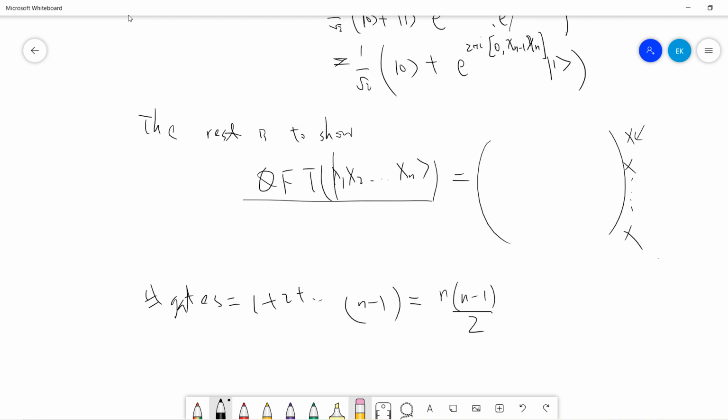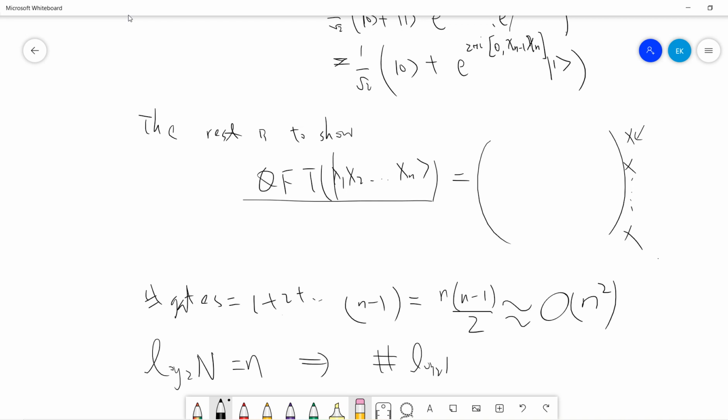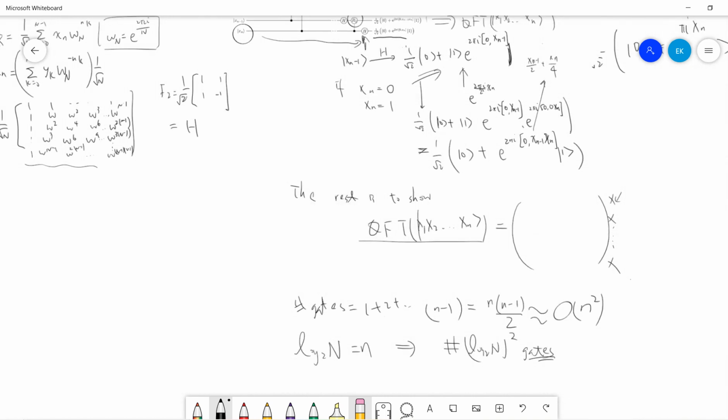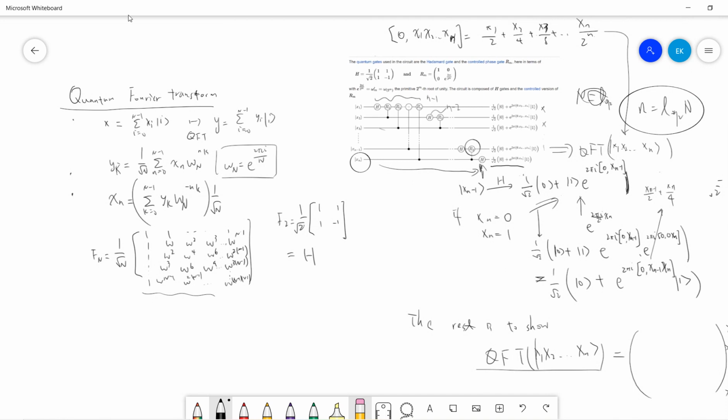Okay, so this is O(n squared), right? So remember for large n, if you take log 2n, it will be n. So you only need log 2n squared gates to prepare this so-called quantum Fourier transformation efficiently.